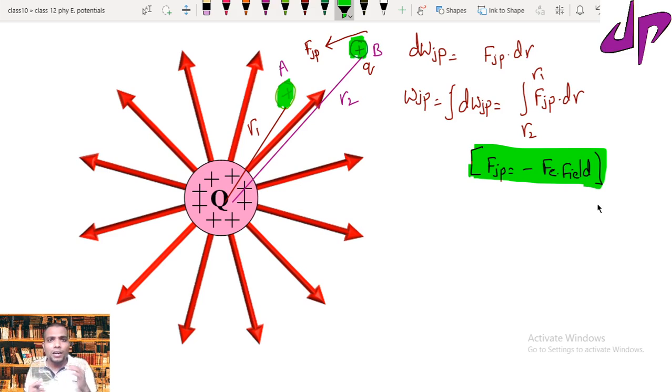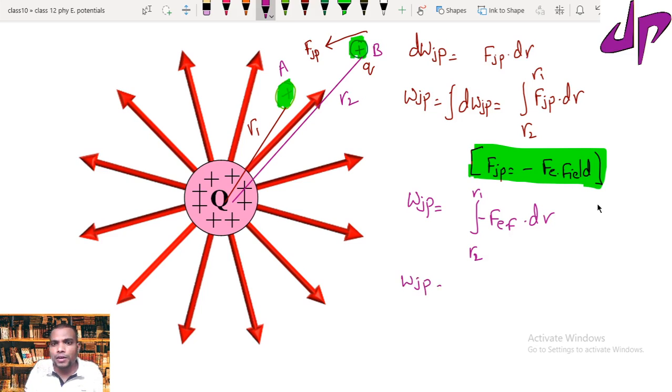But that force is exactly equal and opposite. So the work done by me equals, in place of the force applied by me, I can substitute the electric field force, which is negative, integral r2 to r1, times dr.